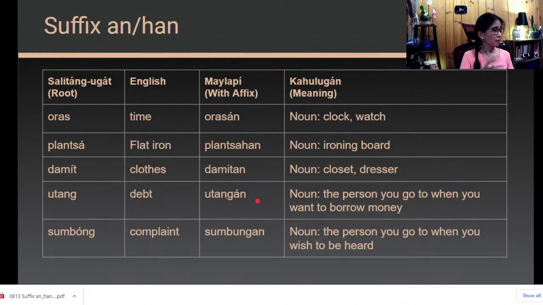Noun, utangan. Another one, sumbong for complaint. Sumbungan, the person where a lot of people go to, expecting her or him to listen to everyone's complaint. Sumbungan. Person you go to. That's my definition.